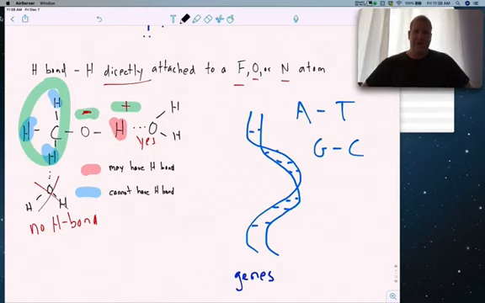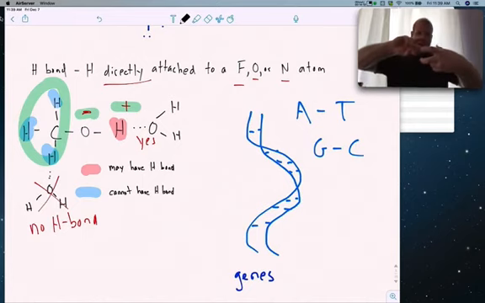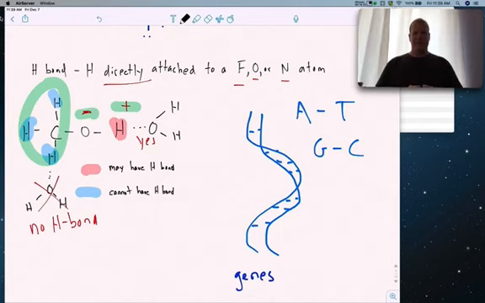The reason for that is that adenine and thymine have two spots where they can hydrogen bond. Adenine cannot bond with itself, only with a thymine, and it's because of the arrangement of the atoms. It can only bond in two spots. Guanine and cytosine bond in three spots.